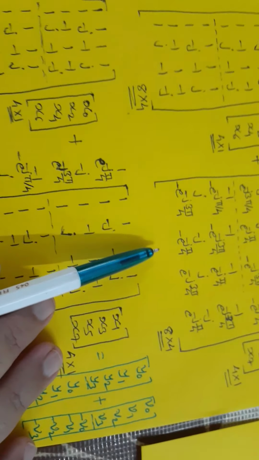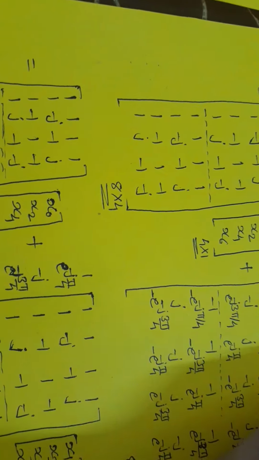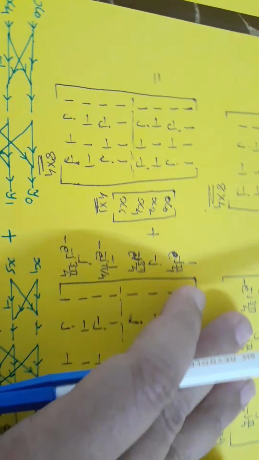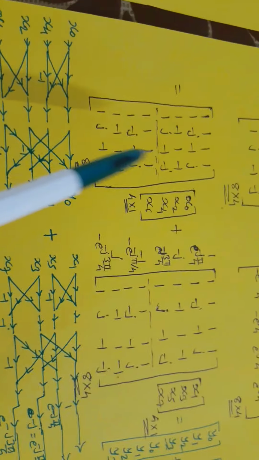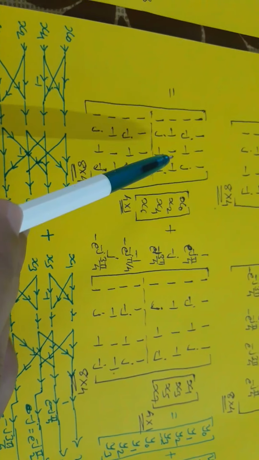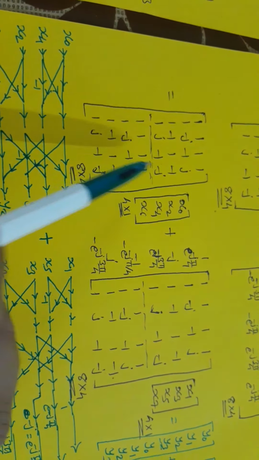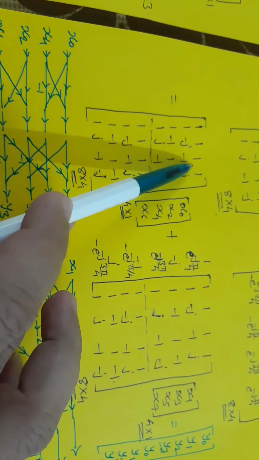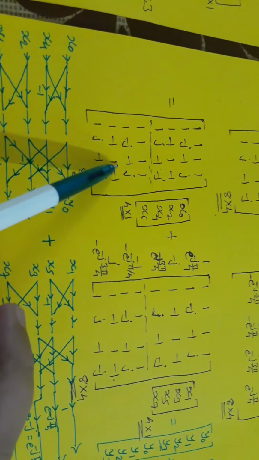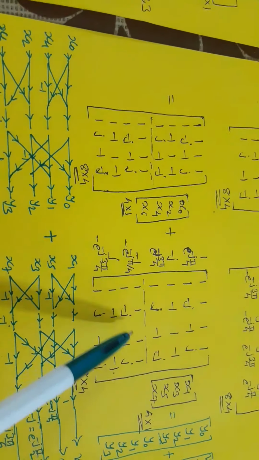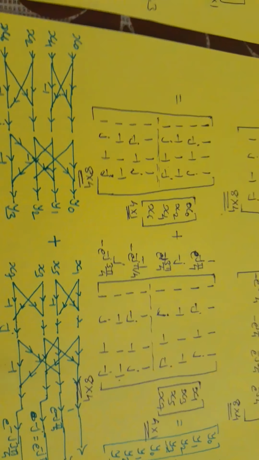So this is the way we can represent this matrix. 8-point DFT is now decomposed into this 4-point DFT. This is also a 4-point DFT, and this is also a 4-point DFT.